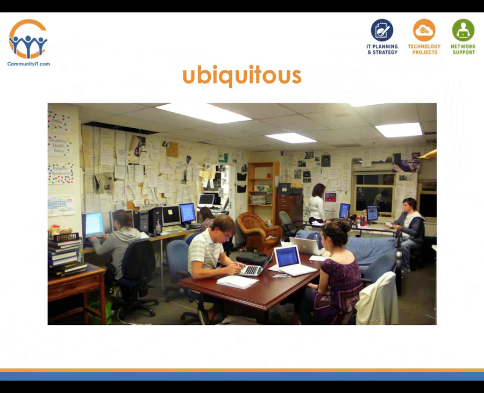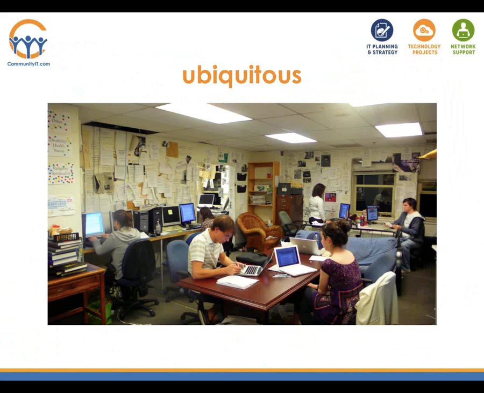And so if you look at this office, and this is a photo from the Georgetown newspaper, you see that there are computers everywhere. And this is not true just of college newspapers, but also most organizations will have workstations. You can see the student there. He's got his laptop, and he's doing something on his cell phone.